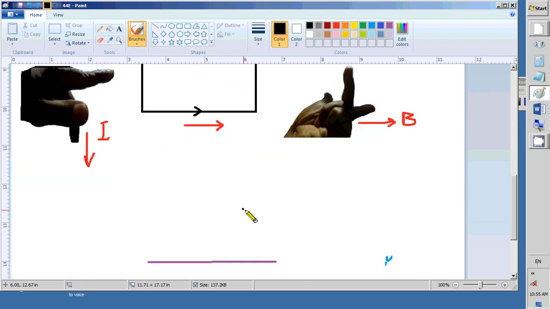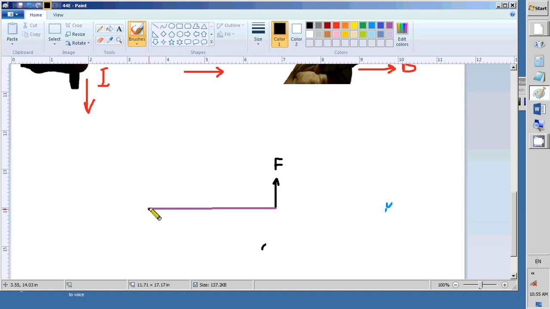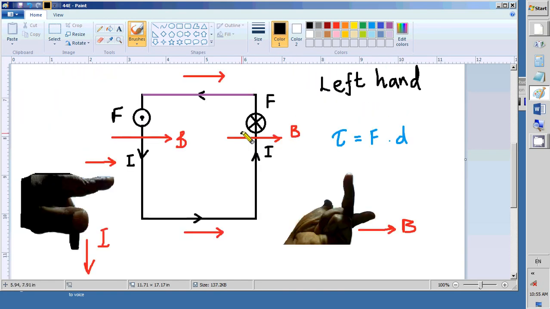So from the top we can see this one like this, this one like this, equal forces. The magnitude of this force is given by the equation you must have learned, F equals B times I times L. L means the length where this B is experienced by this wire. So that is L.